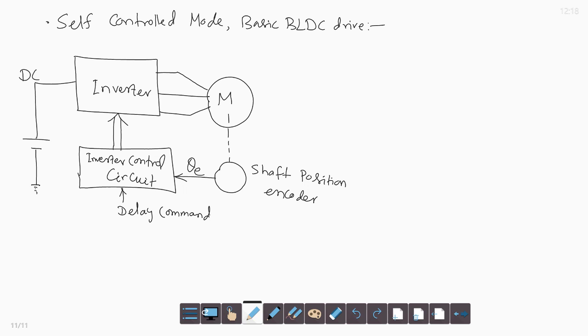And this part is the self controlled synchronous motor.